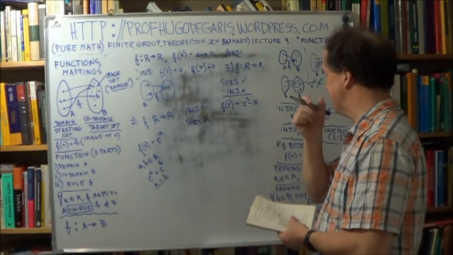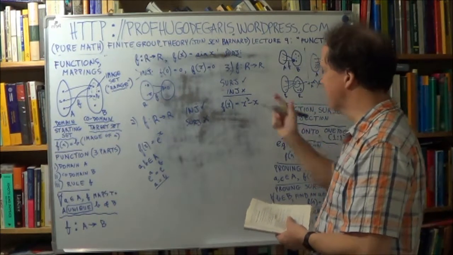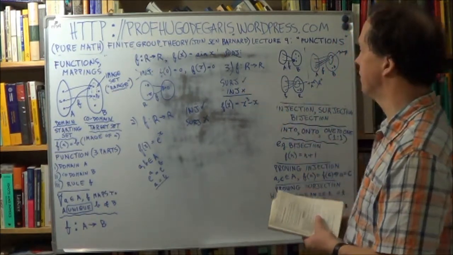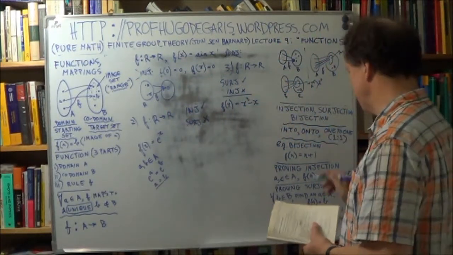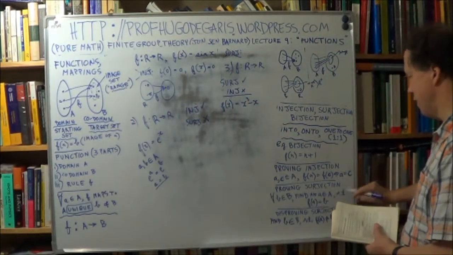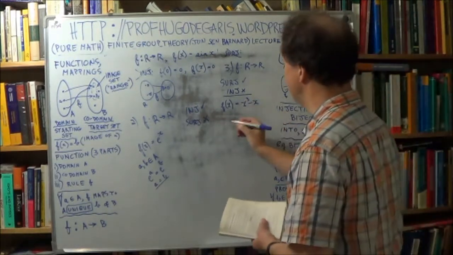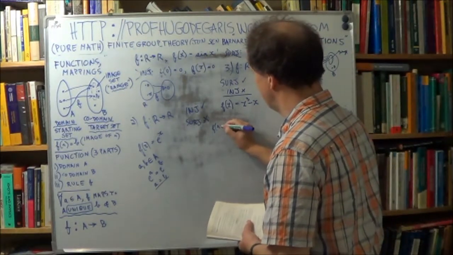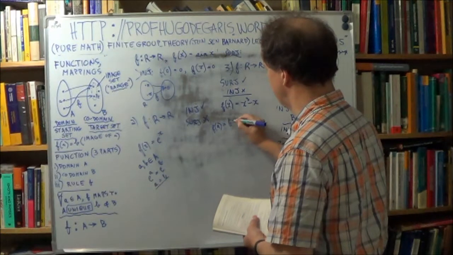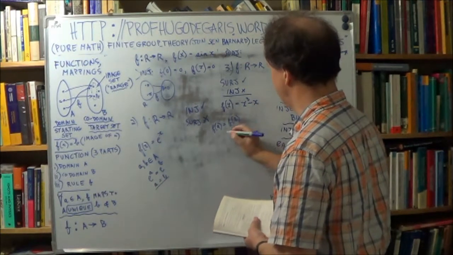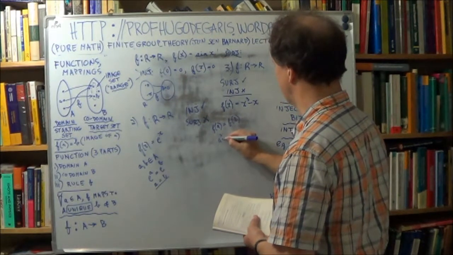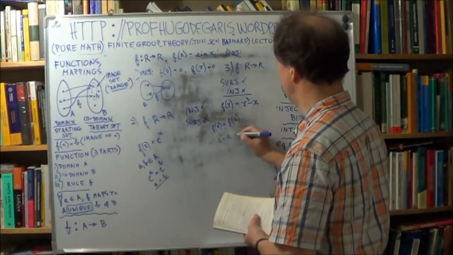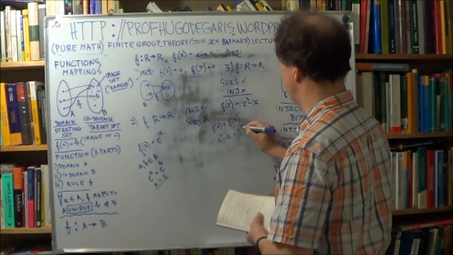Let's see. Well, let's prove that it's surjective first. I mean, it doesn't matter, but okay. Now, how to prove that something is surjective? So use this strategy. Okay, so take two values, like f of a and f of b, and we'll say that they're equal. So that means that a cubed minus a equals b cubed minus b.